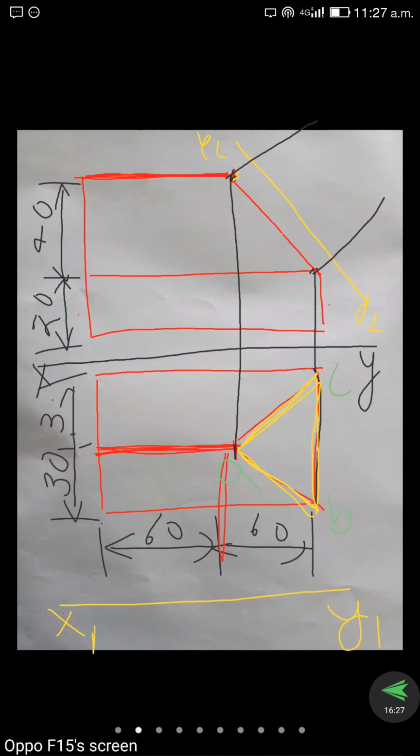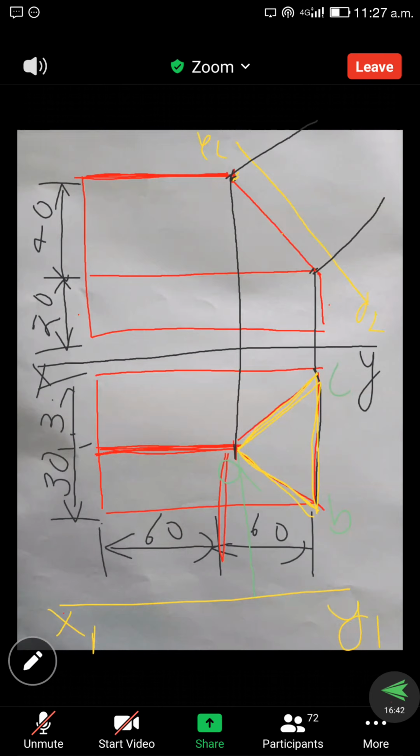We take the compass, and from the x1 y1 reference line, we take the distance from A to the x1 y1 reference line.